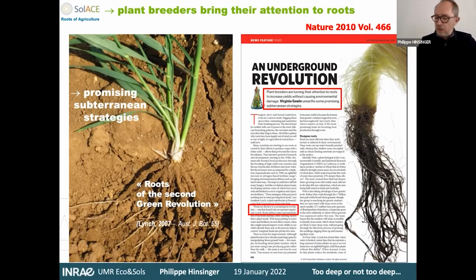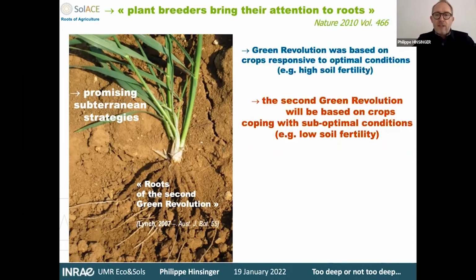Jonathan Lynch is going to be keynote speaker in the next event of this series, on the 10th of February, by the way. I've taken a few ideas from his paper. He was pointing out that the green revolution was based on crops responsive to optimal conditions, and that the second green revolution shall be based on crops coping with suboptimal conditions, for instance, low soil fertility or drought.